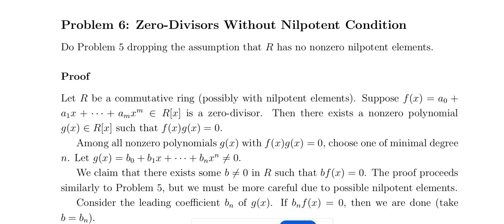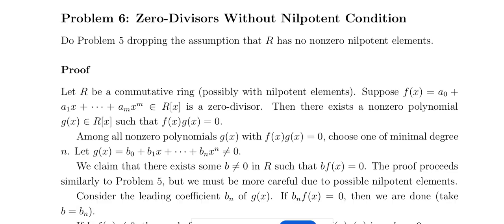Like that, if f of x is a zero divisor, then we can derive this new definition: for every zero divisor polynomial, there exists some non-zero element whose product with each and every coefficient is equal to 0. That is a zero divisor without the nilpotent condition.